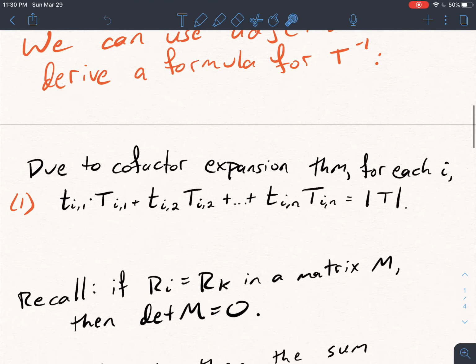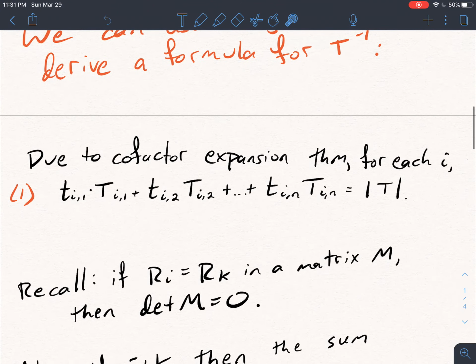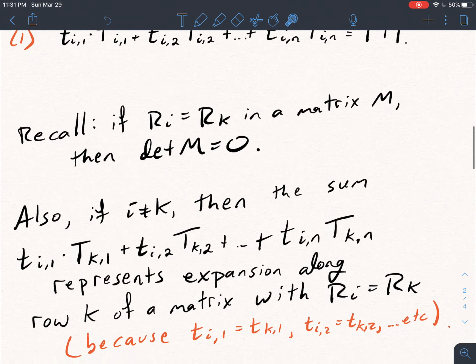Okay, there's one more equation that we need for this. First things first, just recall that if a matrix M has row i and row k equal, then the determinant of that matrix must be 0.